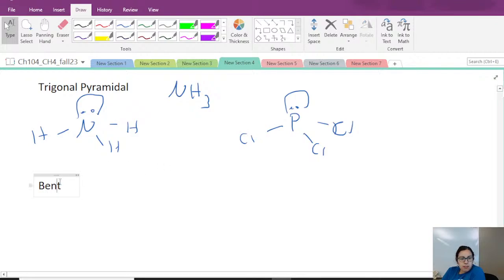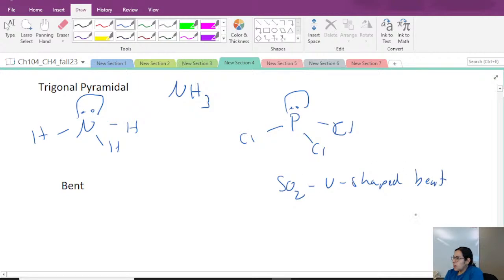And then what about our last one? What's our classic bent example? SO2 would be one. This is our classic V-shaped bent, but always good to know and have that. And then what's our other bent example?